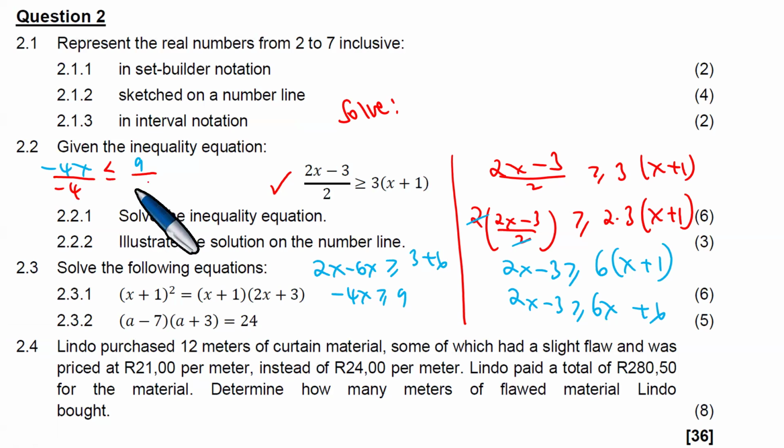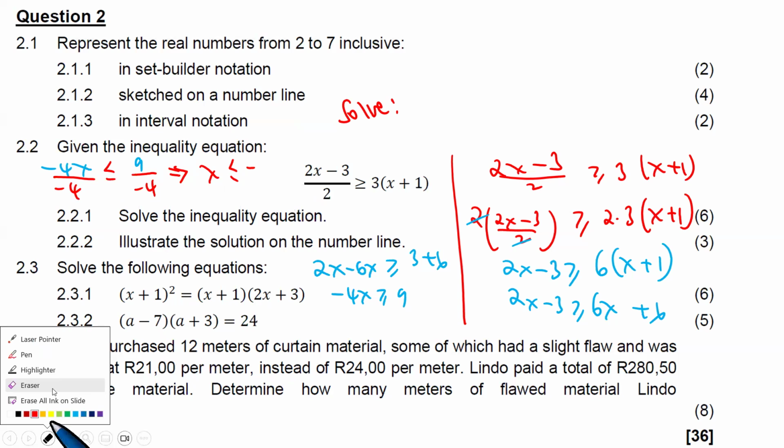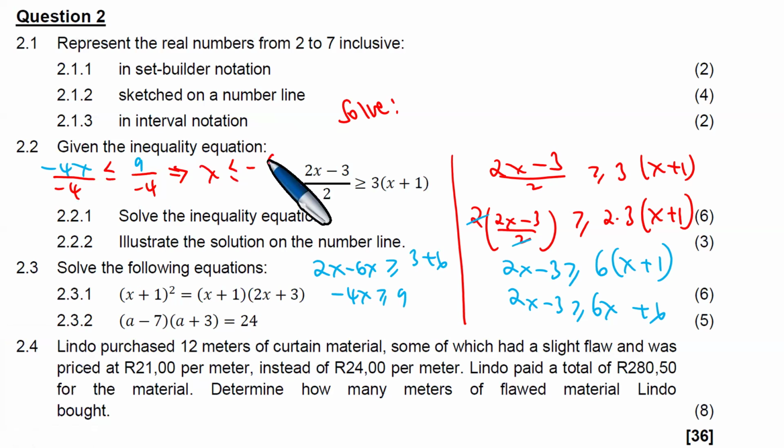If you divide by -4, this implies that x is less or equal to -9 out of 4. You can leave it as 9 out of 4. Right, so let us look at these here.